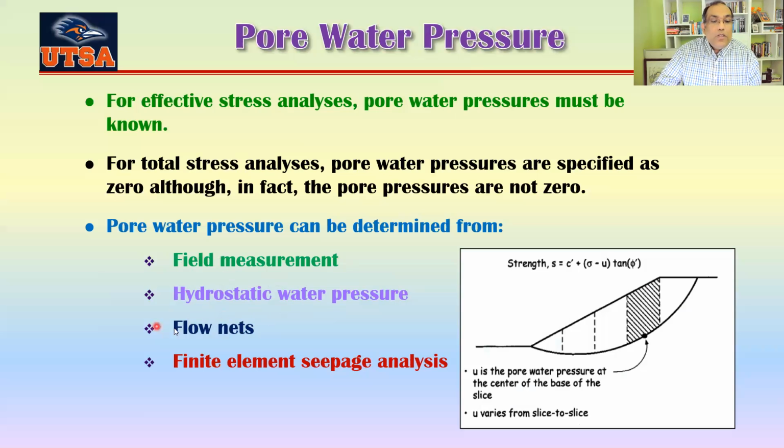Flow nets was very popular in the past because it's very fast for a steady state seepage condition, and finite element seepage analysis is the most accurate, and we usually do that one whenever we have the software. It's very easy, very accurate. So let's see what all those methods are to find out the pore water pressure.